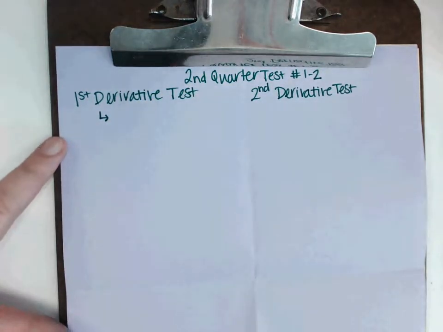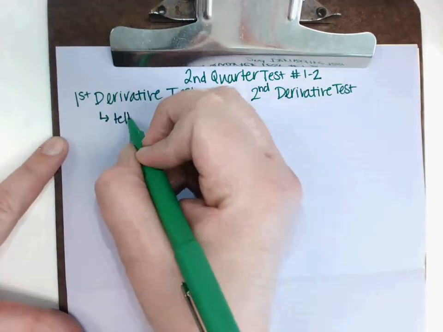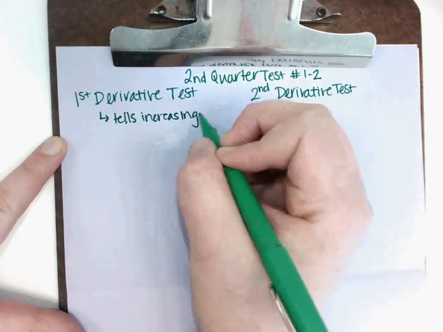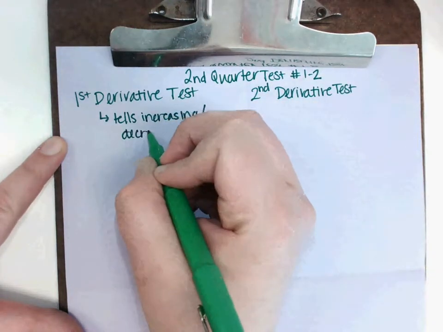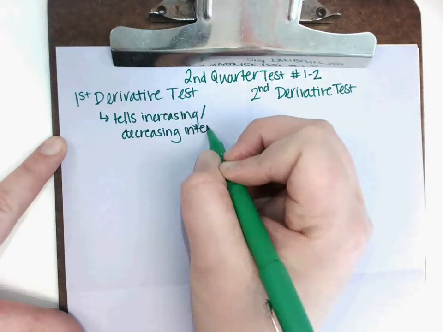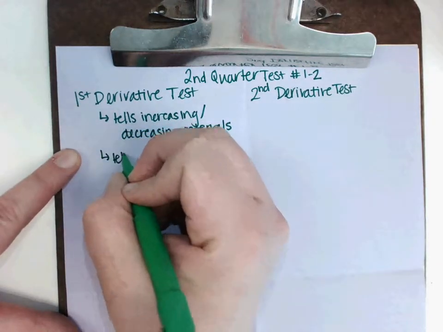First thing, I'm going to tell you what the purpose of each test is. A first derivative test tells you increasing and decreasing intervals, and it also tells you relative extrema.